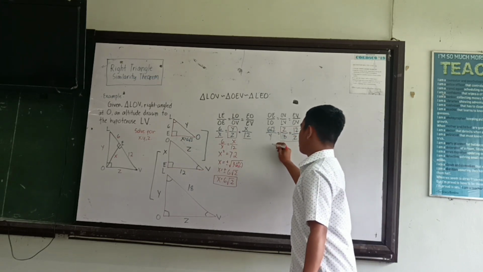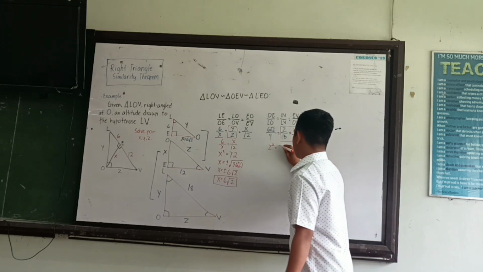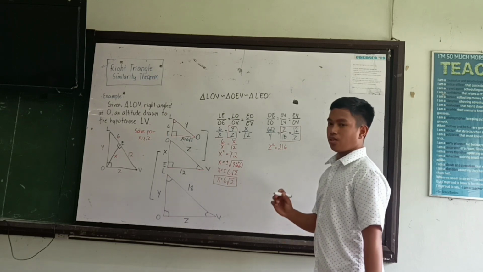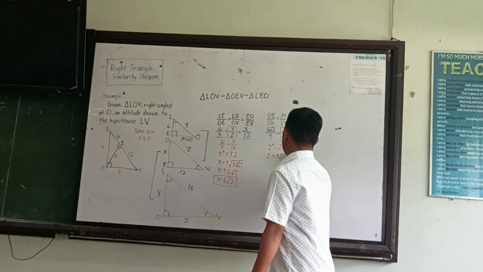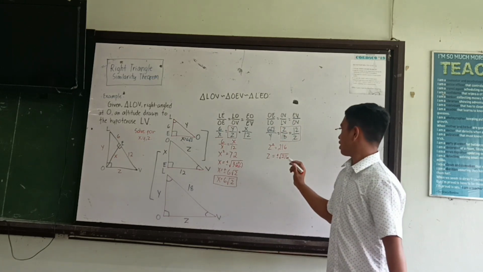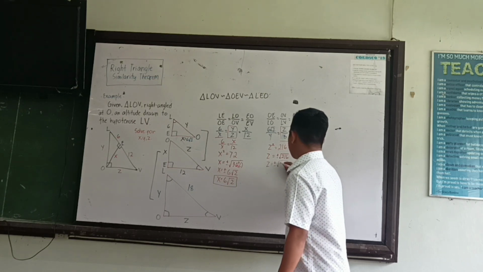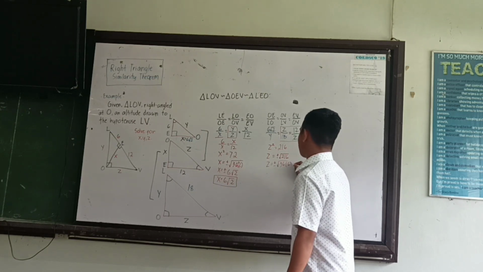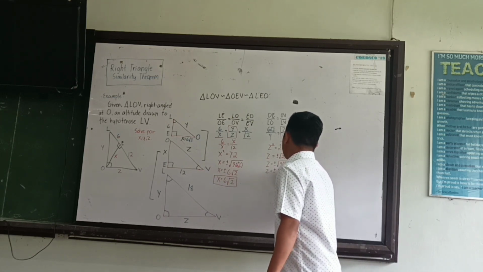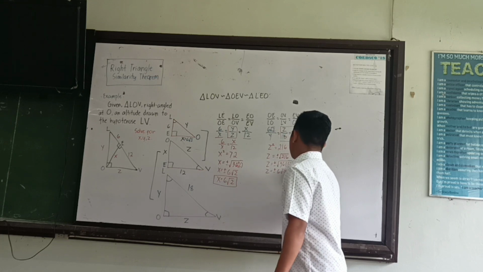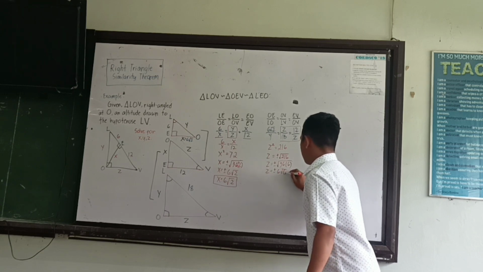Now, z times z is just z squared, and 12 times 18 is equal to 216. So, getting the root of both sides, we have z equals positive, negative square root of 216. 216 is just 36 times 6, so we now have z equals positive, negative 6 square root of 6.